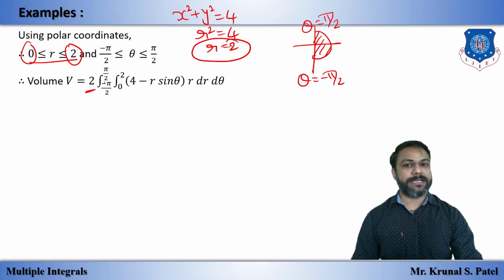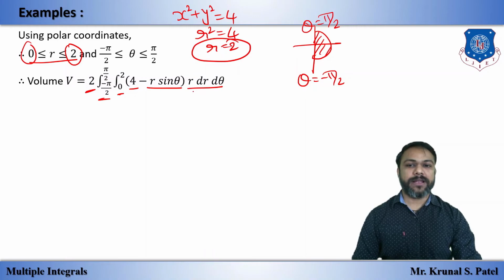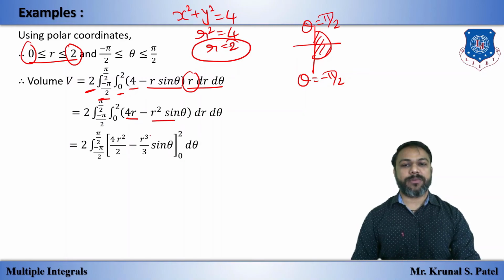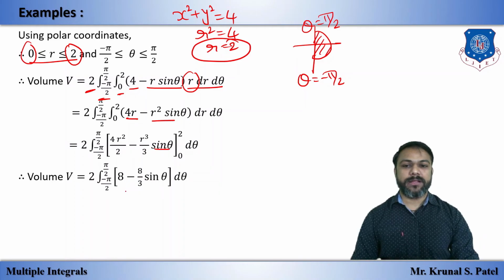So we have 2 as it is, this is the limit of theta, this is the limit of r, and 4 as it is, and y is r sine theta, and dx dy is r dr d theta. Now by simplifying, multiply r with this bracket, 4r minus r square sine theta. By integrating, r square by 2, r cube by 3 sine theta as it is, upper minus lower limit, we have this.